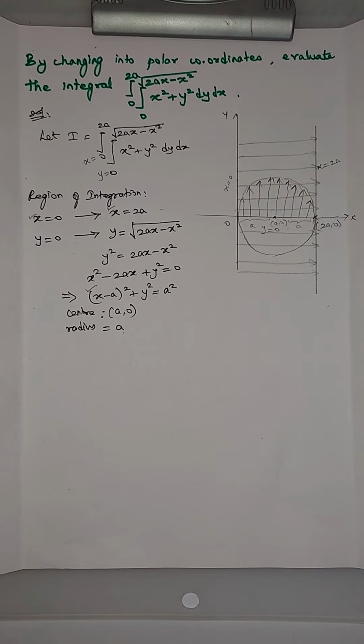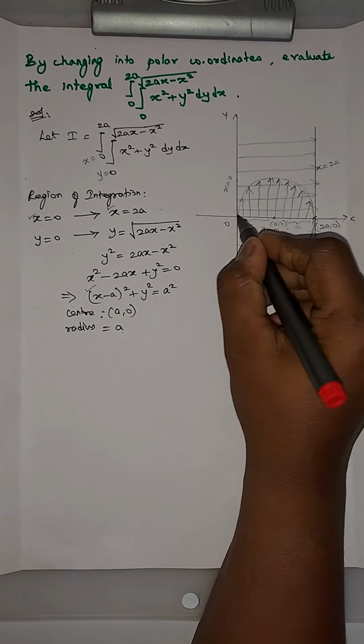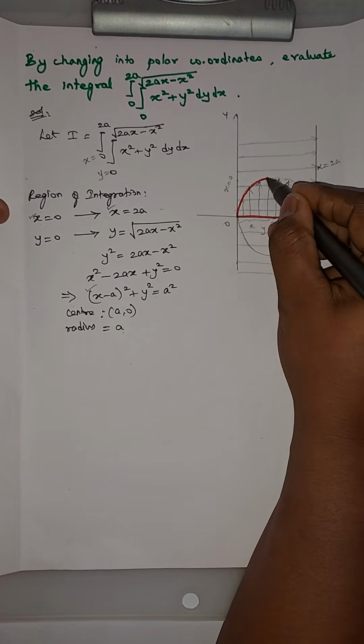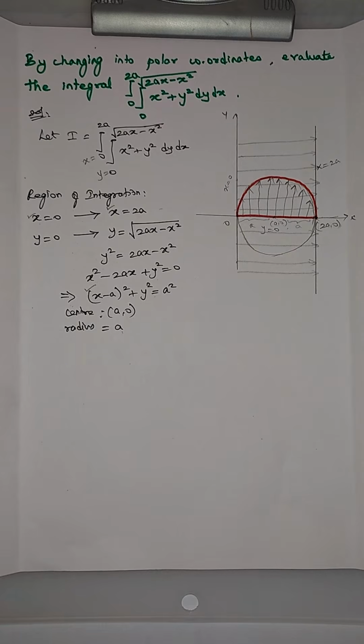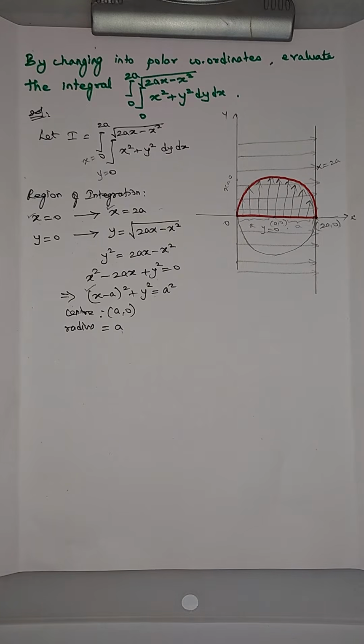So this is also over. So the intersecting region becomes the region of integration. This becomes the intersecting region. Region of integration, we have drawn it.